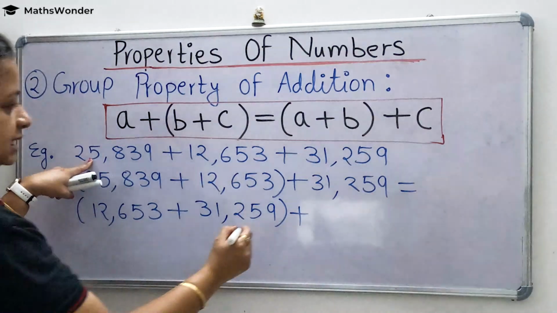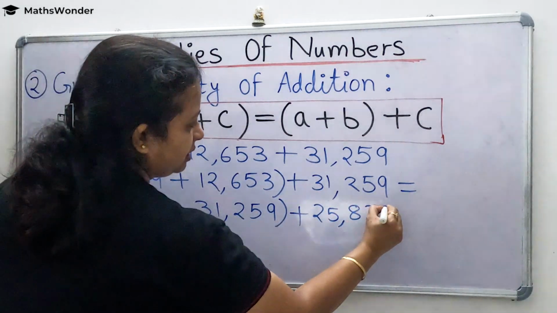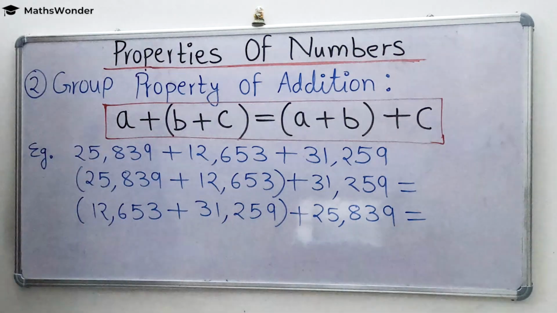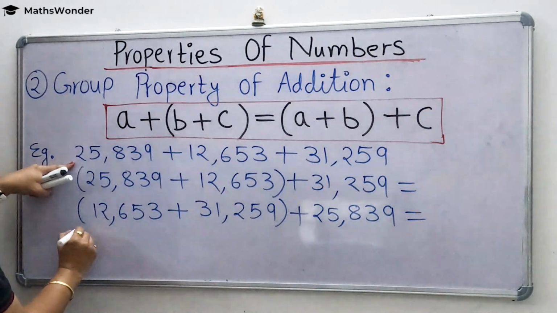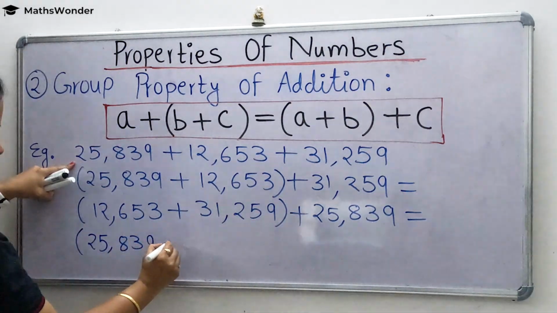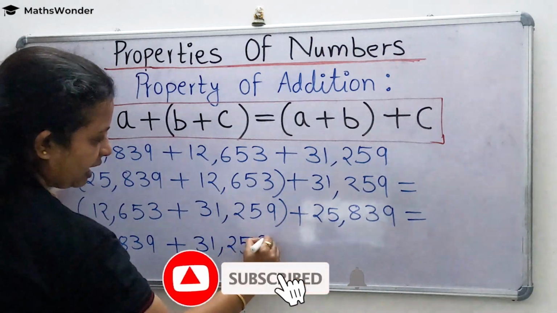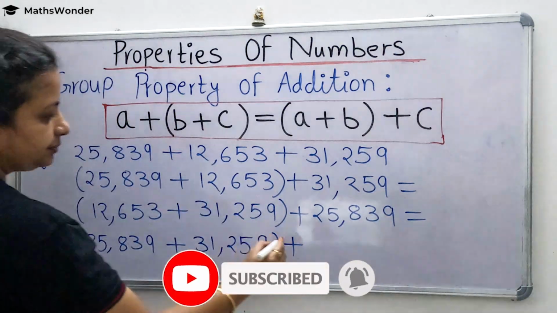What will be the remaining? This one you will write here, 25,839. Now the third group, which two numbers can we take? These two. So 25,839 plus 31,259. Solve the problem.